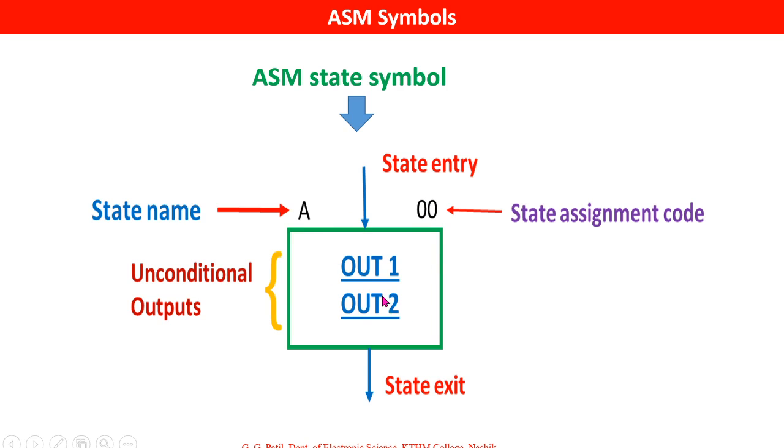The outputs of the state are to be listed inside that square, and the state exit is to be shown at the output of the state symbol. This is the input side and this is the output side. The outputs listed inside are the unconditional outputs. This is a state symbol.